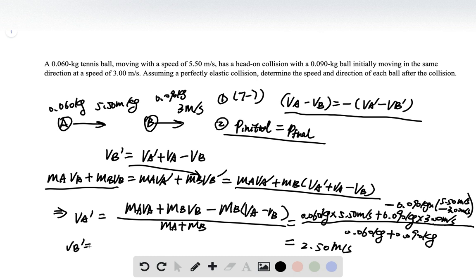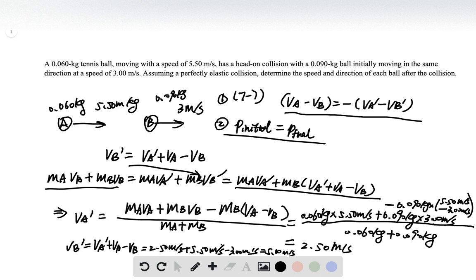VB prime equals VA prime plus VA minus VB. So it's 2.50 meters per second plus 5.50 meters per second minus 3.00 meters per second, which is equal to 5.00 meters per second.